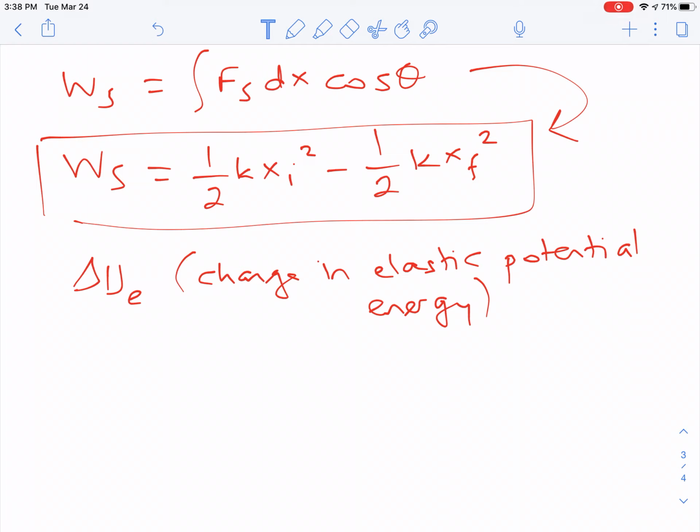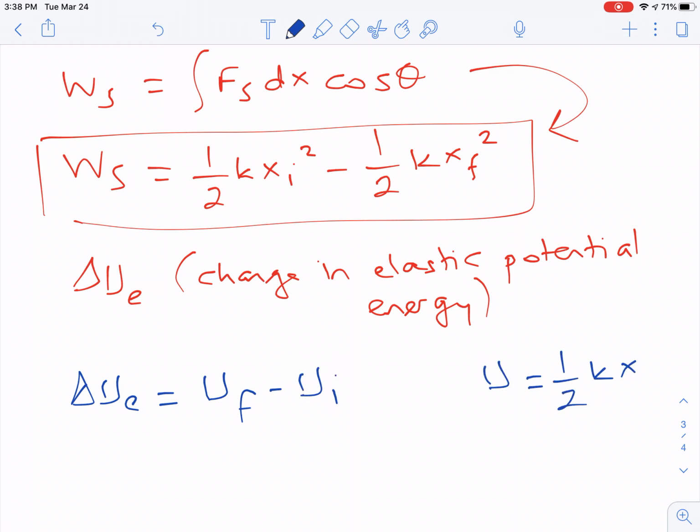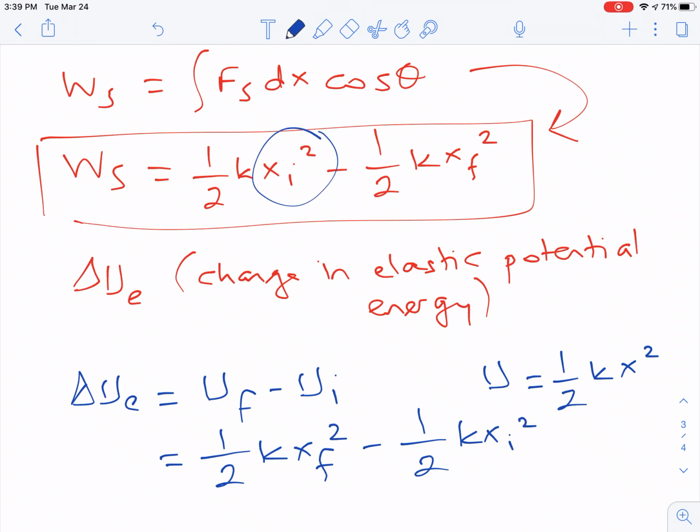Since you're putting it on the left side in the form of potential energy, this is the final minus initial, and potential energy is defined as 1/2 kx squared. I just want you to compare these two. This is 1/2 k x final squared minus 1/2 k x initial squared. Realize this one is initial minus final, and this one is final minus initial.